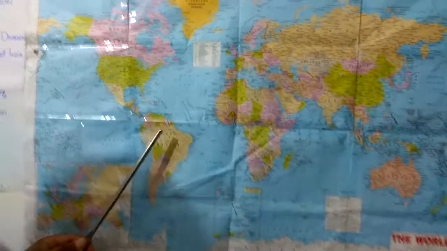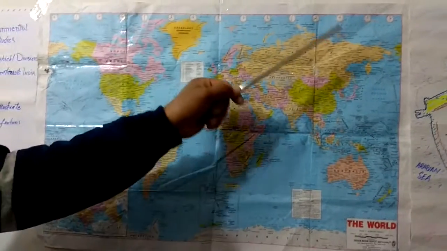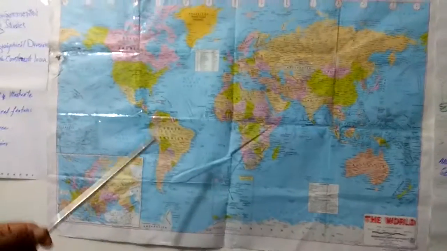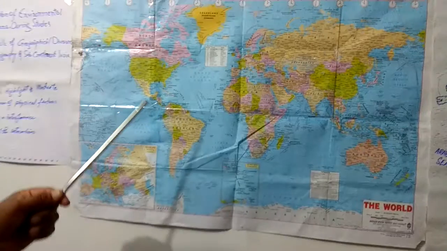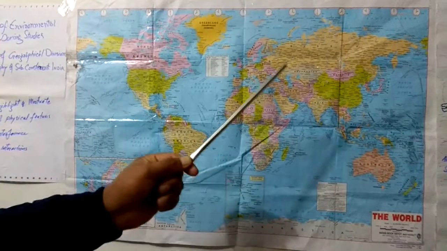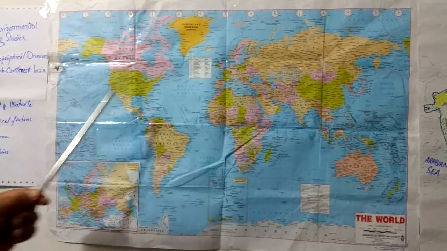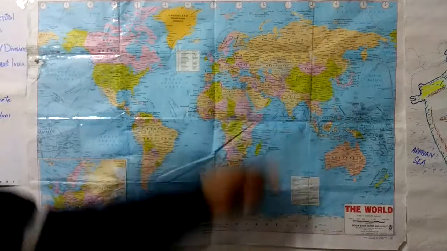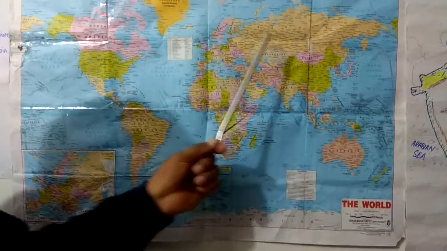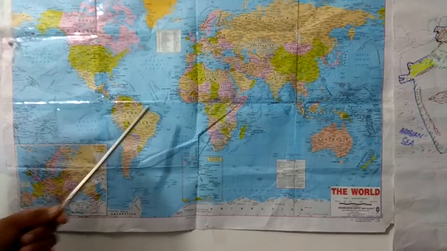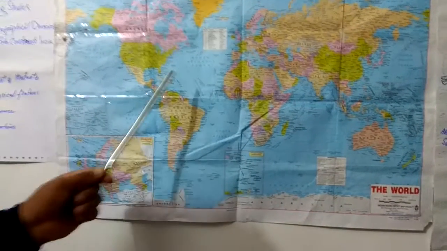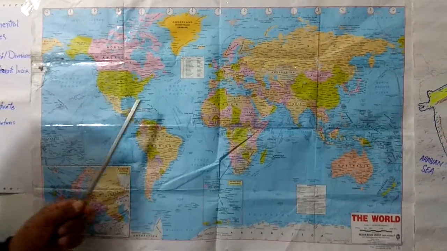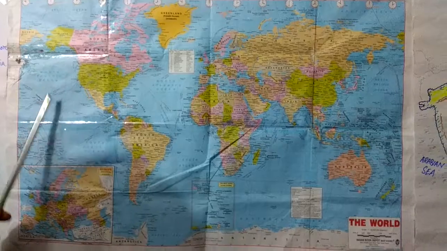Dear students, when we look at this map, there are two colors visible. The one is blue, sky blue. This blue body represents the water bodies, the biggest water bodies in geographical terms.